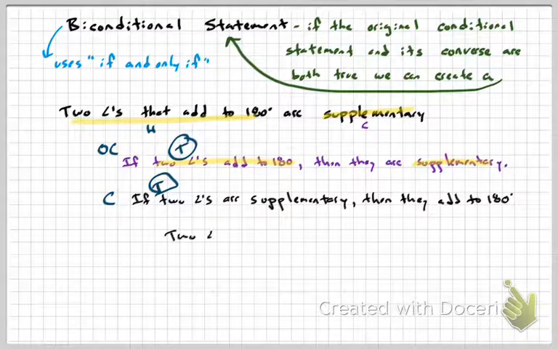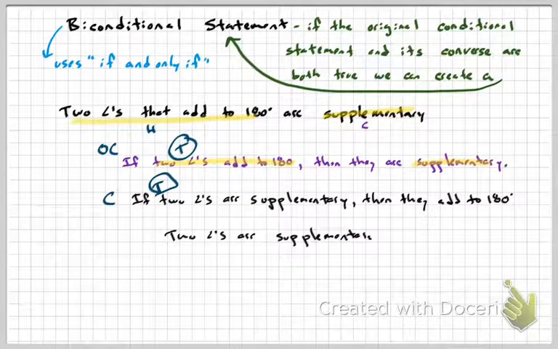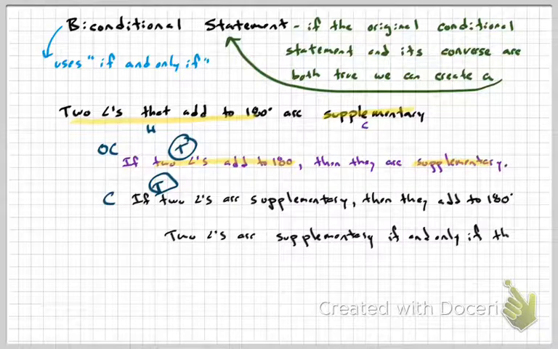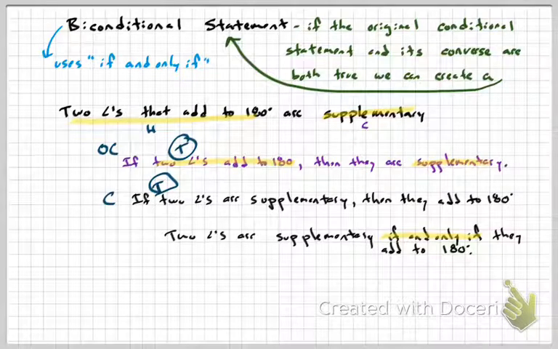Two angles are supplementary if and only if they add to 180 degrees. So if and only if. Two angles are supplementary if and only if they add to 180 degrees.